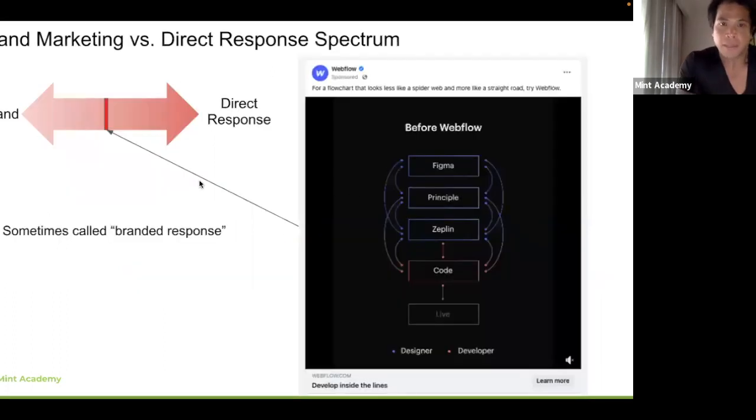So a good example here is Webflow. They're like right in the middle with this ad. So this ad shows that Webflow is more of a straight road than a spider web. Try Webflow, learn more. This is often called branded responsive. It's like straight in the middle.